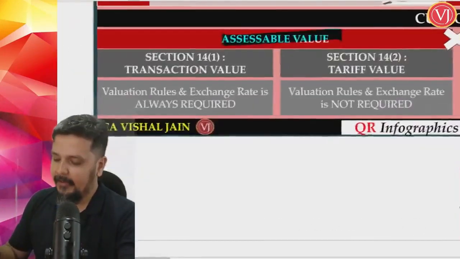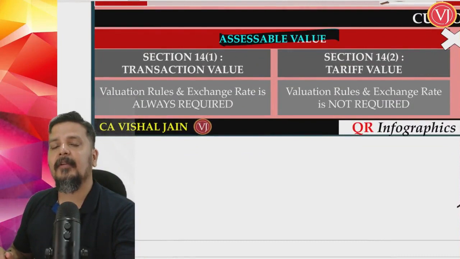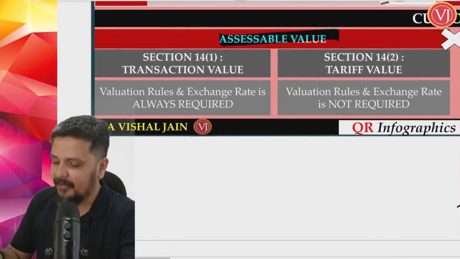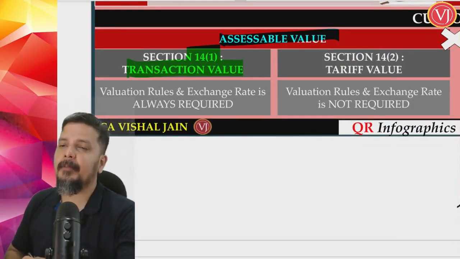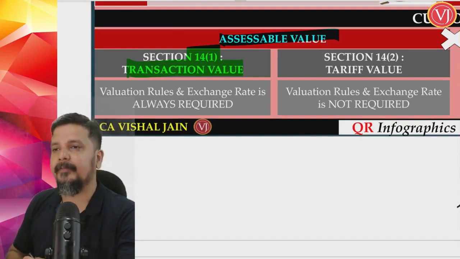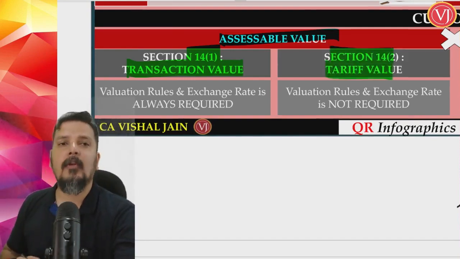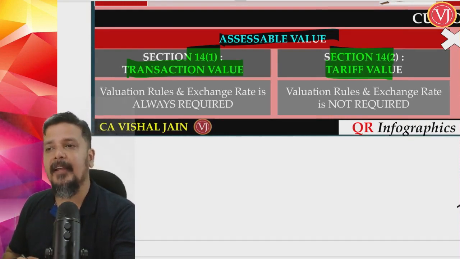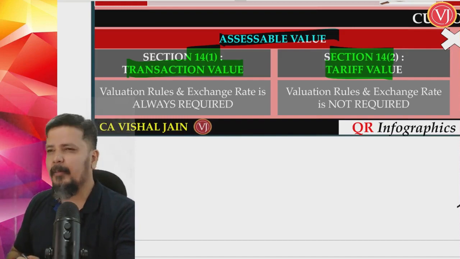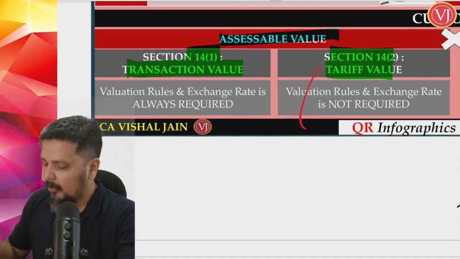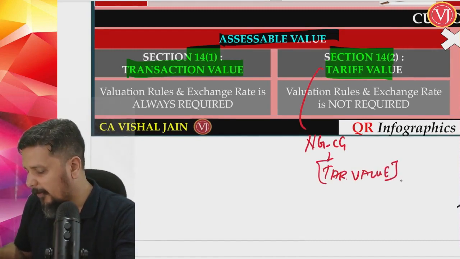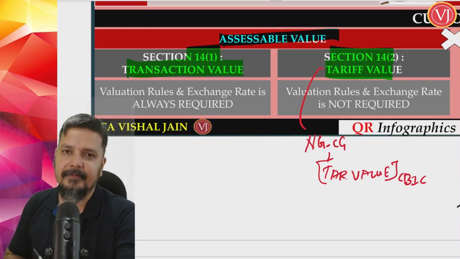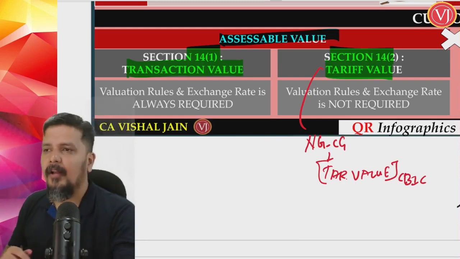Unlike GST, in customs valuation, assessable value can either be the transaction value, section 14.1, or, for goods notified by the central government, the tariff value, which is given by CBIC. So it is either transaction value or tariff value.